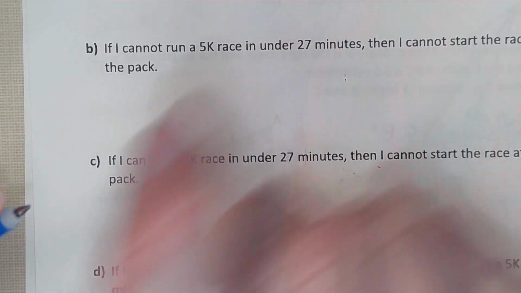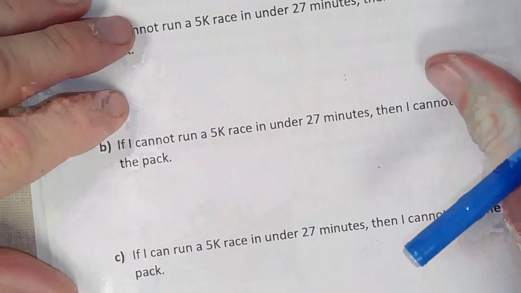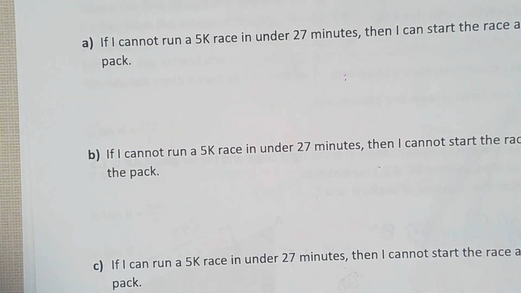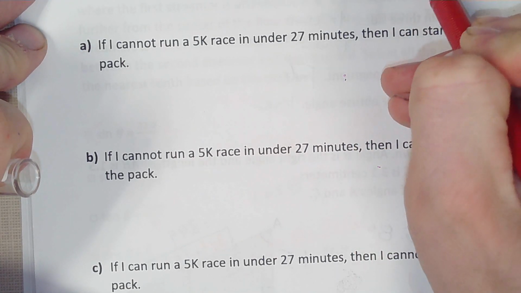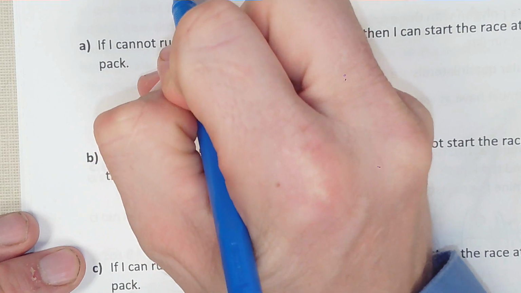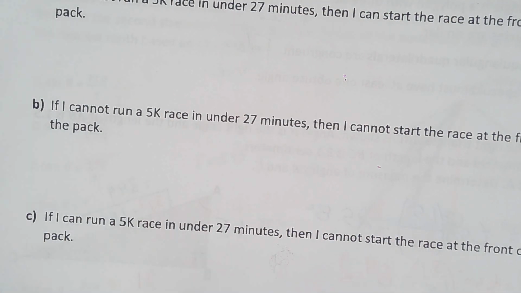69. Okay, so let's identify a P and a Q statement here so we can figure out all the different things. Our P statement will be, I can run in under 5 minutes. And then our Q statement will be, I can start in the front of the race. So this is our Q, and this is our P. Okay, so let's find our inverse.